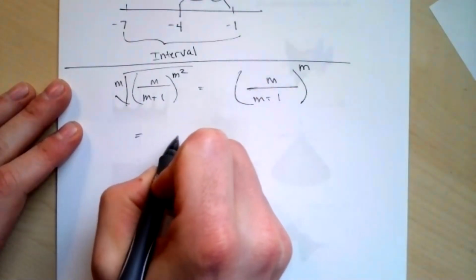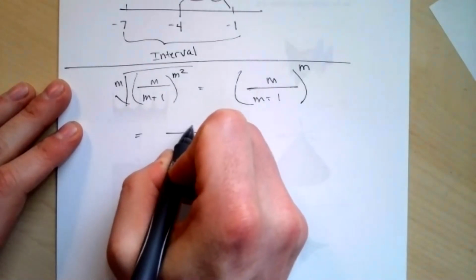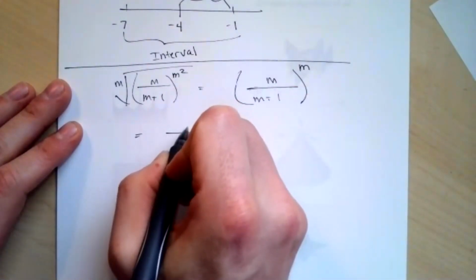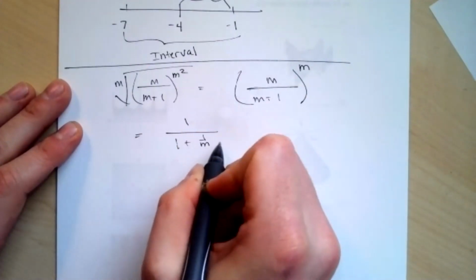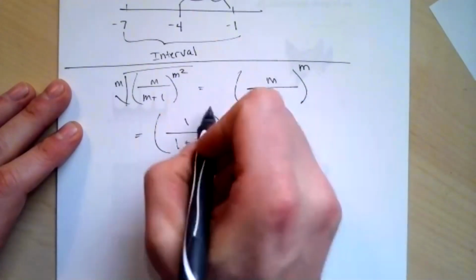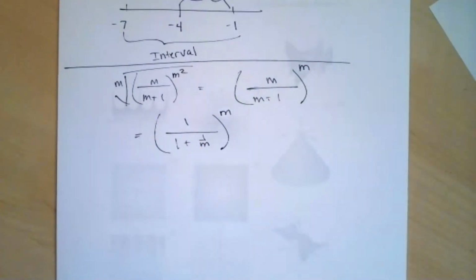You can get around some of the work by finagling it. So if I factor out an m, you can get 1 over 1 plus 1 over m to the m. Oh, never mind. That's not going to work. Sometimes you can get e's out of expressions like this, but it's a rational one. It's definitely tough. Yeah, I got stuck on this one.